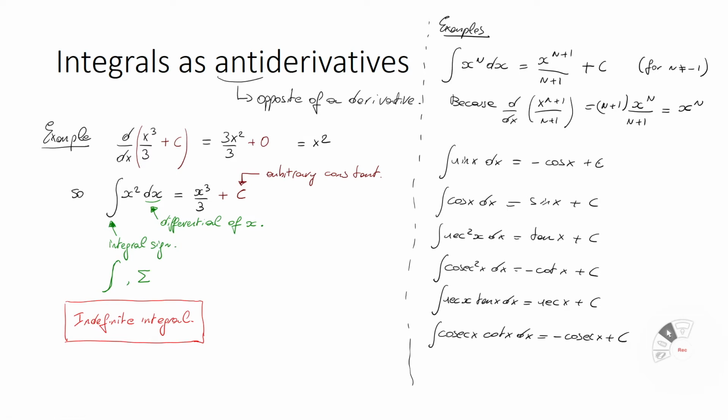So all of this we know from the rules of the derivative, because we know that, for instance, d/dx of minus cosine x is sine x, d/dx of sine x is cosine x, and so on.